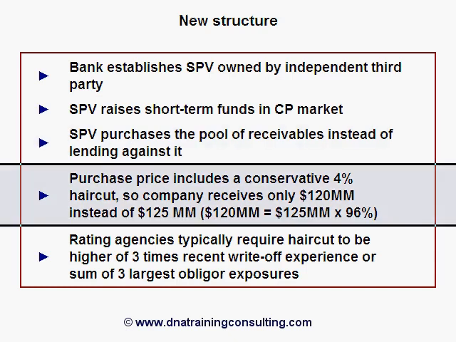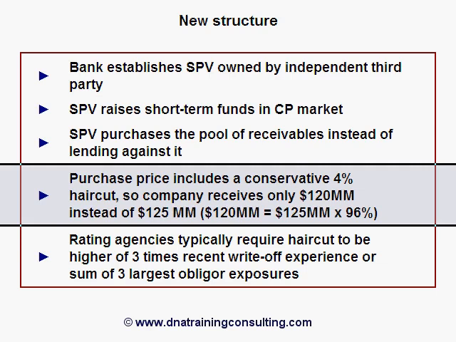We assume that the SPV conservatively applies a 4% haircut to the receivables, and so purchases them for a price of $120 million, as shown in the parentheses.